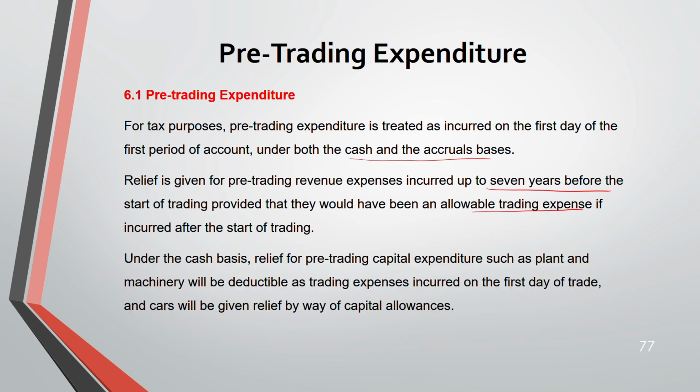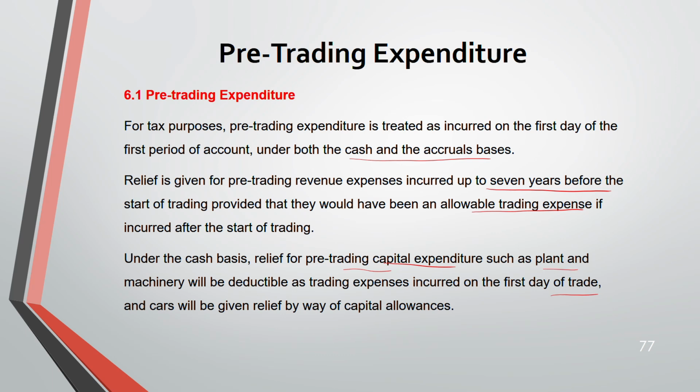Okay. Remember that the revenue expenses you have incurred have to be allowable trading expenses. So under the cash basis, how are you going to get the relief? Remember, under cash basis, you are going to get relief for capital expenditure also. Pre-trading, before trading, if you have incurred any capital expenditure, now you can deduct it as your trading expense incurred on the first day of trading.